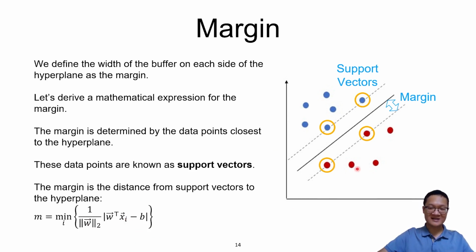All of these data points xi have some distance given by this expression to the hyperplane. And out of all of those data points, the ones with the minimum distance, so min over i of this expression, is called the margin. Okay, so we can use the variable m to denote the margin, which mathematically is going to be min over i of 1 over the 2 norm of w times the absolute value of w transpose xi minus b. So that's the margin.